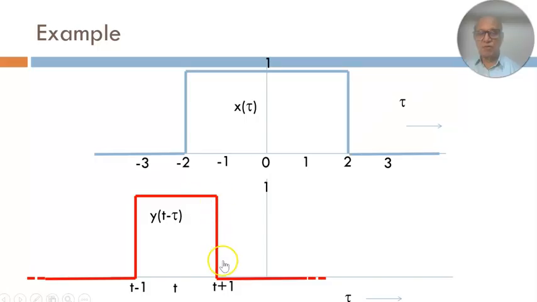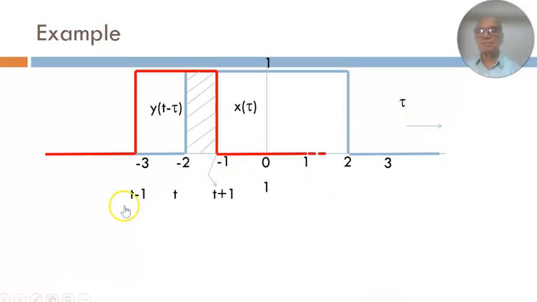In order to show the overlap clearly, we plot both the graphs on the same axis. So this is my y(t-tau), and you can now see that there is an overlap. Note that y(t-tau) is drawn in red and x(tau) is drawn in blue, and clearly the shaded section is the overlapping section. So we need to integrate from tau equal to -2 to tau equal to t+1.